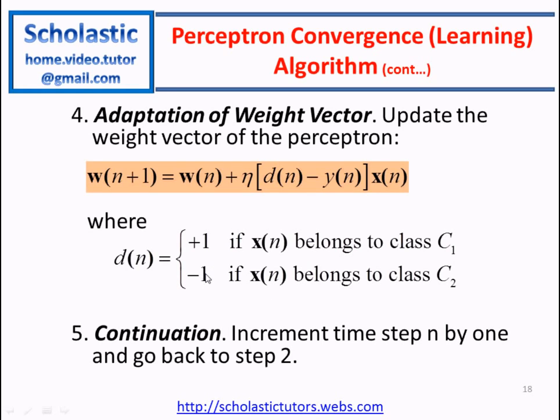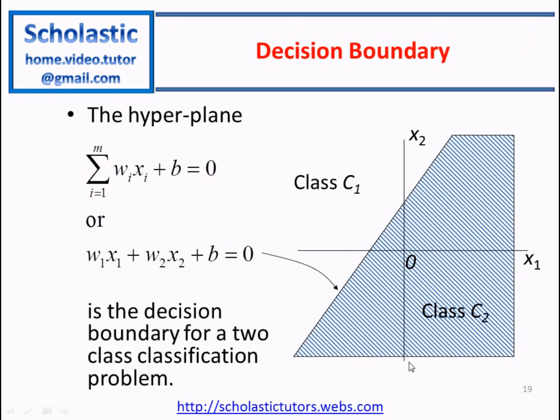If they are not equal to minus 1 for a class C2 input, we need to retrain it. Then we continue the steps again from step 2 to retrain this whole system. Let's see how it's going to happen. First is the decision boundary, which is called the hyperplane, where we have the inputs, in our case 1 to m, plus the bias.